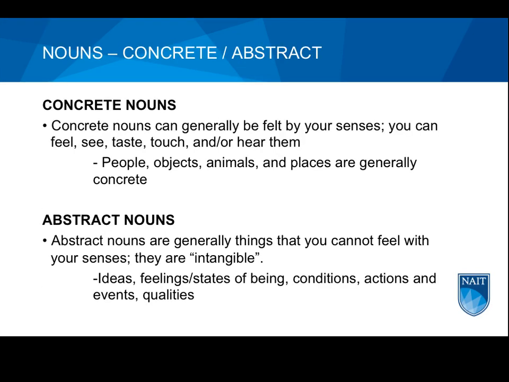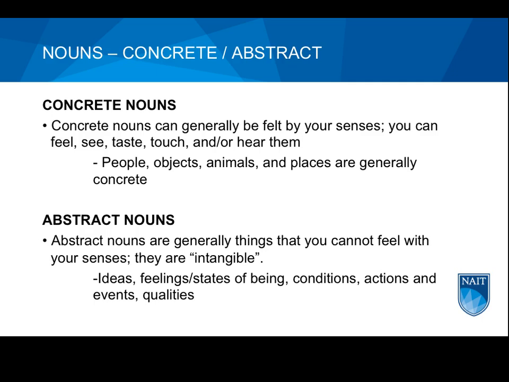Nouns can also be classified as concrete or abstract. Concrete nouns are things that can be felt by your five senses. You can feel, see, taste, touch, or hear them. People, objects, animals, and places are generally concrete nouns. Abstract nouns are generally things that you cannot feel with your senses. They're not physical, and they're intangible.